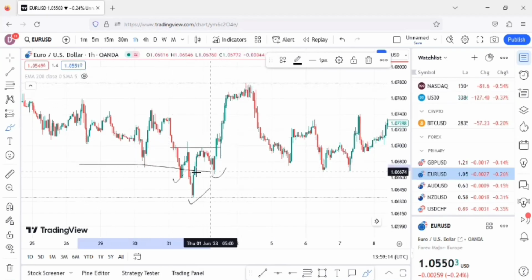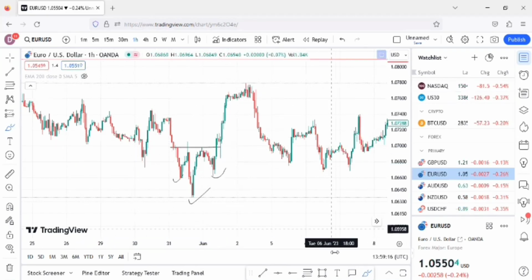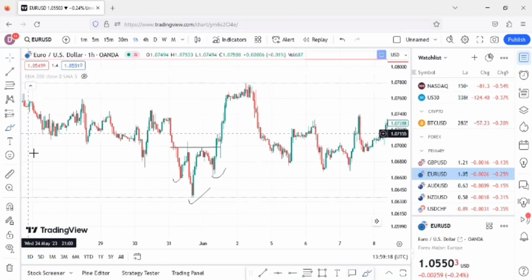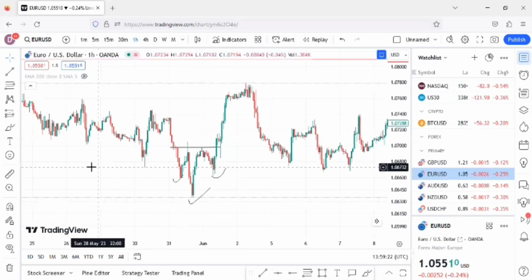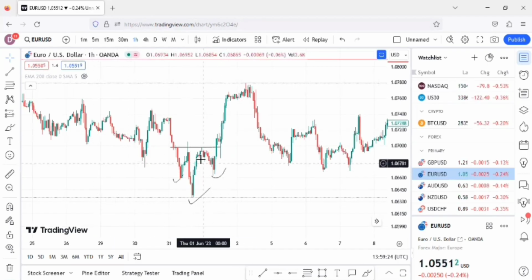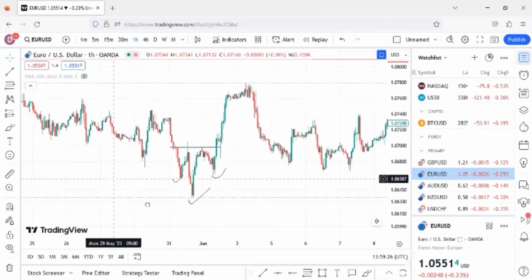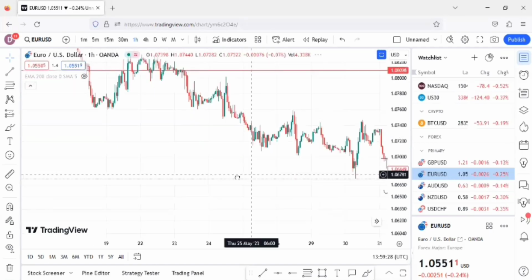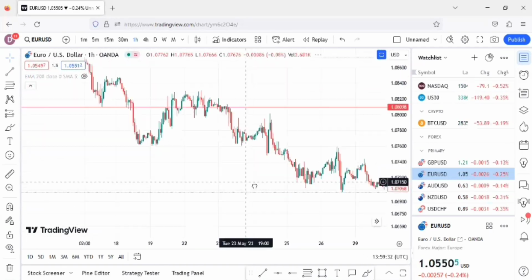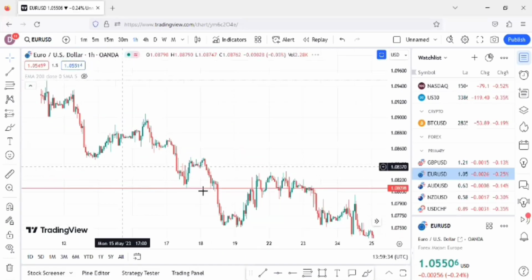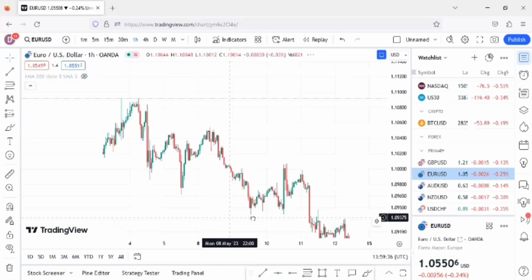Price moved up. This is an example of head and shoulder. I believe you still remember my explanation concerning this. So you can watch the video again, that this is inverse head and shoulder, to get my explanation.